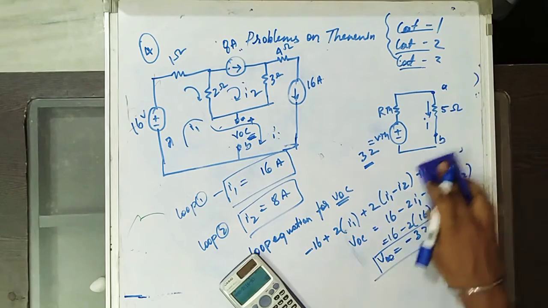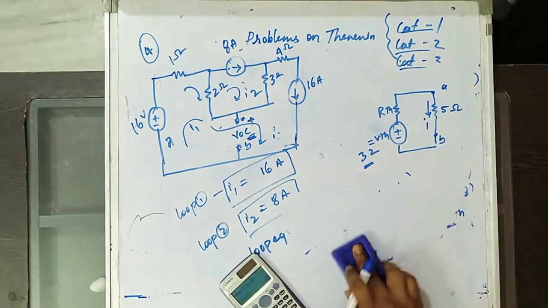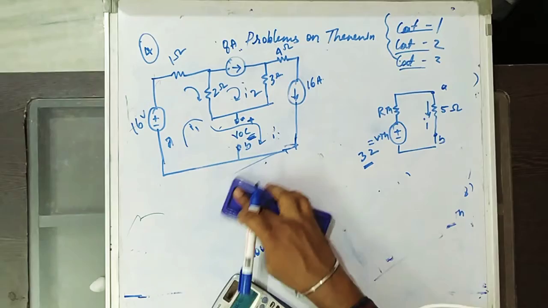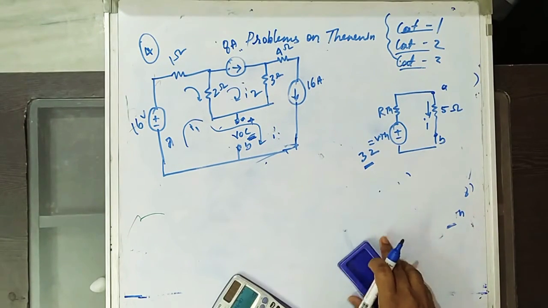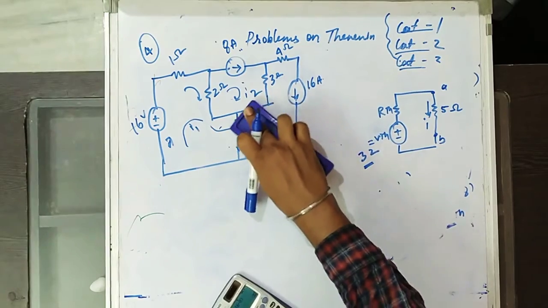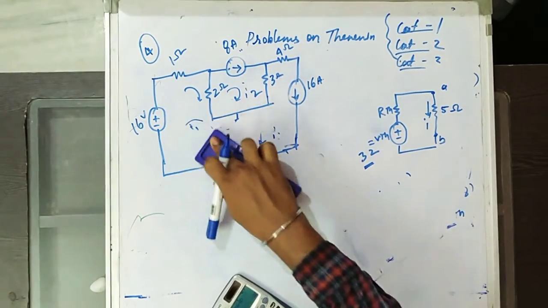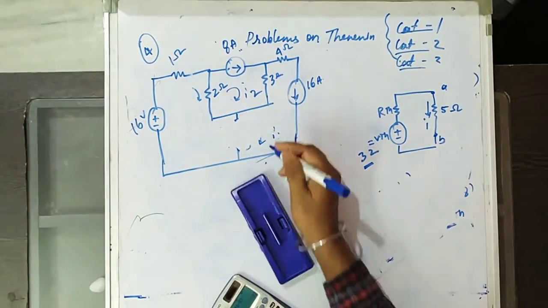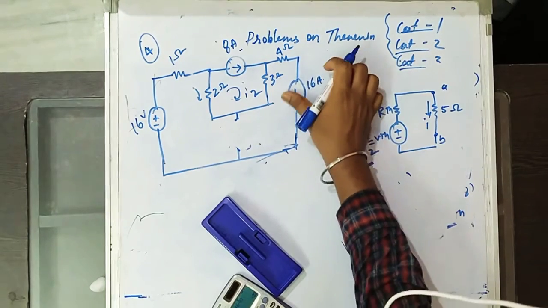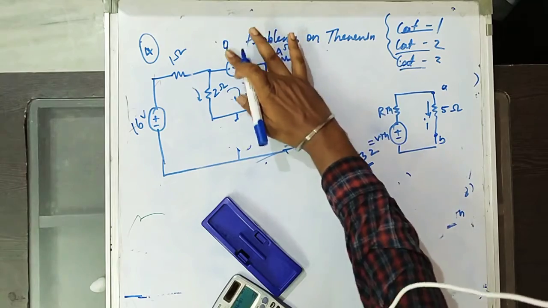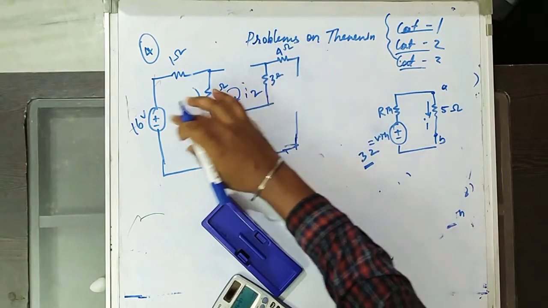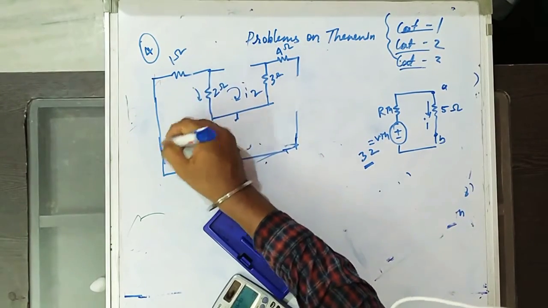Now we will find Rthevenin. For finding Rthevenin, you have to turn off the independent sources. This is the same circuit. We will open the target element and turn off the sources. Turning off the current source means open circuit, and turning off the voltage source means we have to short it.